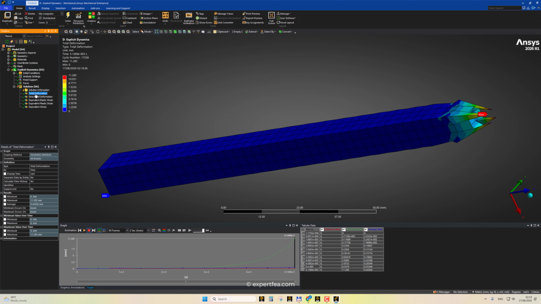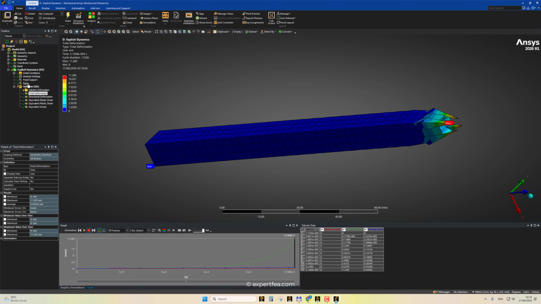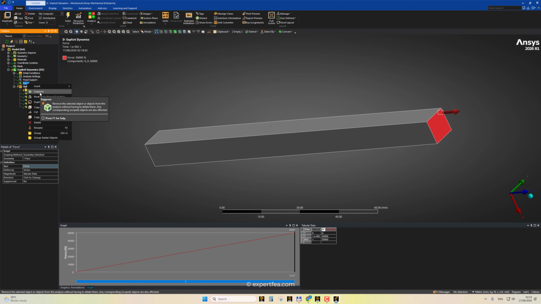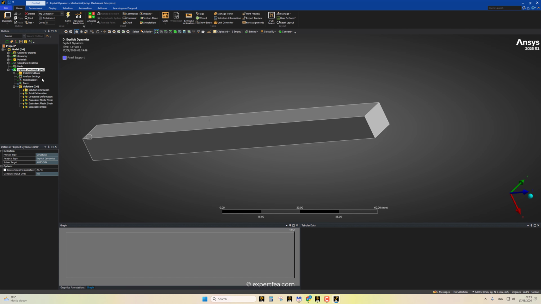At this moment, we cannot continue with this approach using force. So my suggestion is, let's right-click suppress, and instead let's help the solver with a displacement.